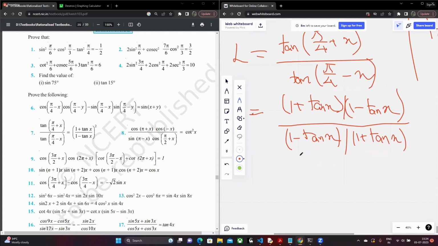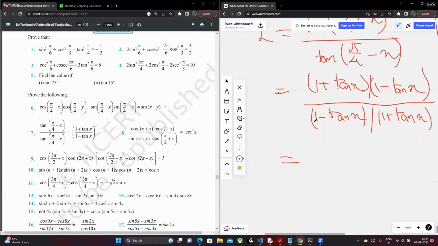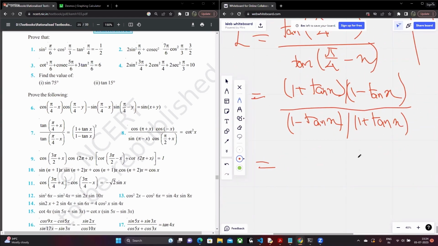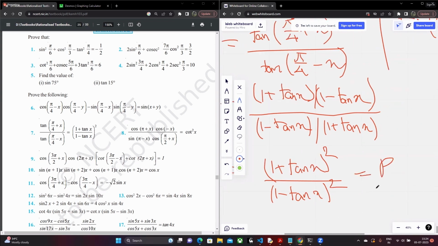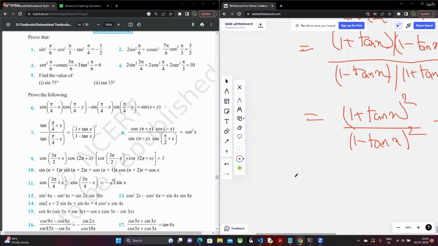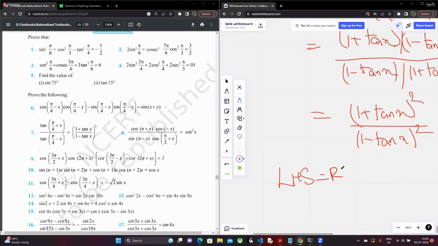So this is going to go here, this is going to go over there. So I'll basically be getting 1 plus tan x, the whole square, divided by 1 minus tan x, the whole square, which is basically the right hand side, right? Right hand side is 1 plus tan x by 1 minus tan x, the whole square. So I have proved that LHS is equal to RHS. Therefore, I've proved the statement.